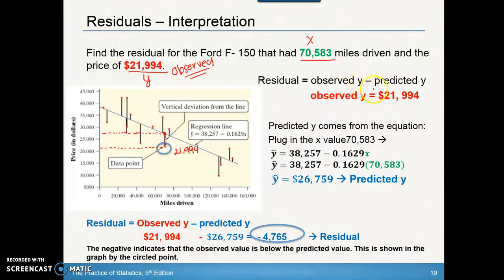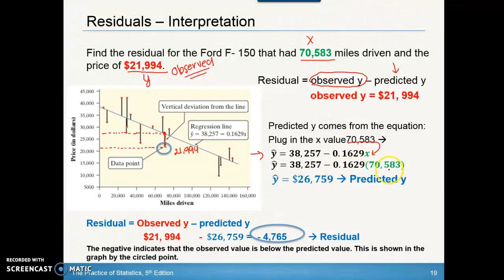So now I can fill in my observed value of y pretty easily because it was given to me. How do I find that predicted y? Well, the predicted y comes from your equation. So we have the regression equation right here. Y hat equals 38,257 minus 0.1629x. We can take that 70,000, because the x value is the same here, and plug it in for x and find the predicted y.